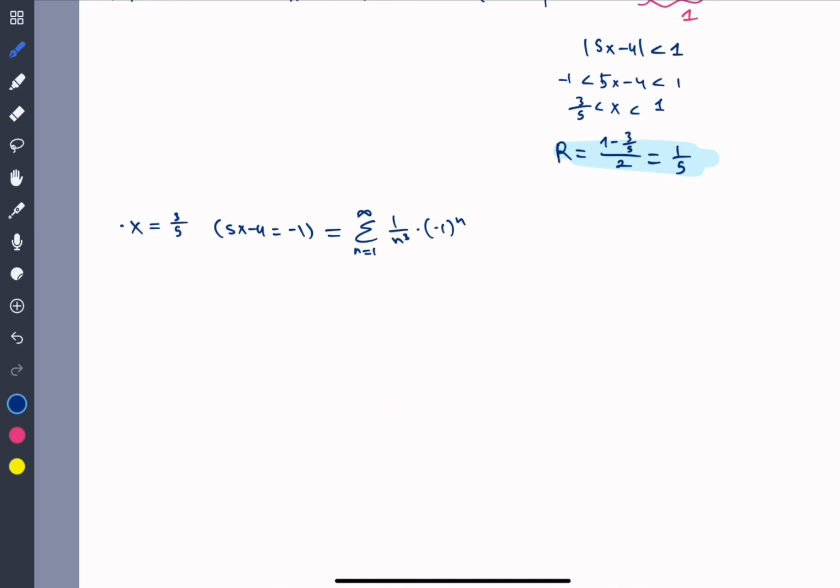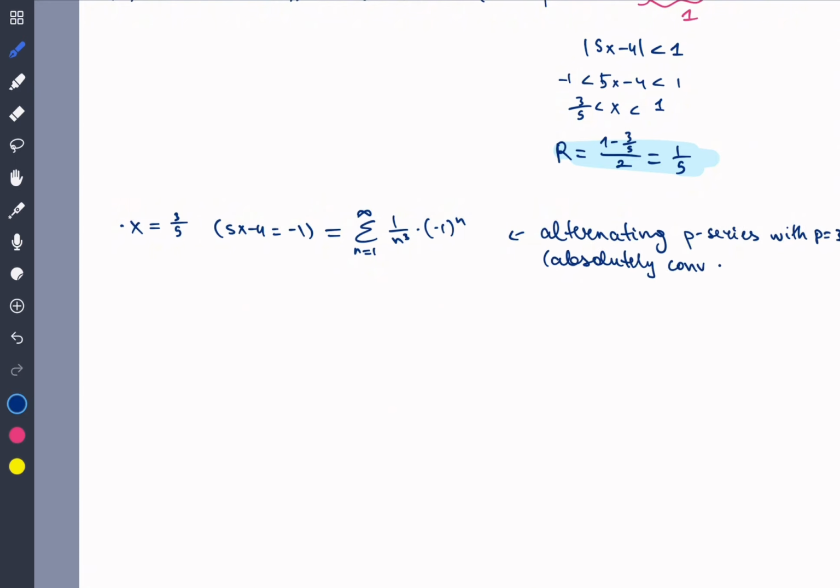So here we get an alternating p-series, which is absolutely convergent. And you know what that implies? It implies that it is also convergent. So here, as you see, p is just 3, which is greater than 1. That's why this whole series is convergent, which means this point will be included in the interval of convergence.